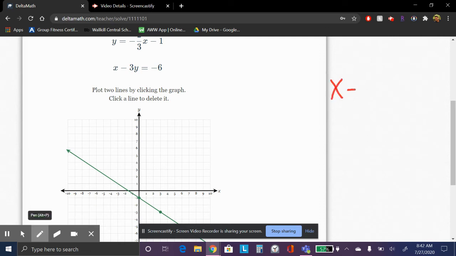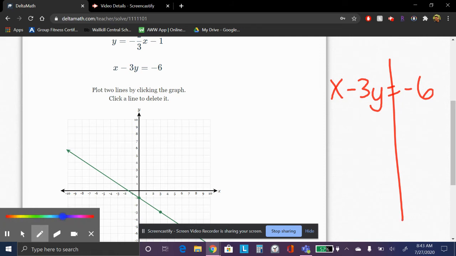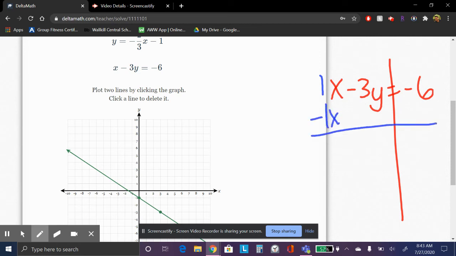x minus 3y is -6. I'm going to put the 1 over here, so I'm going to subtract 1x from both sides.